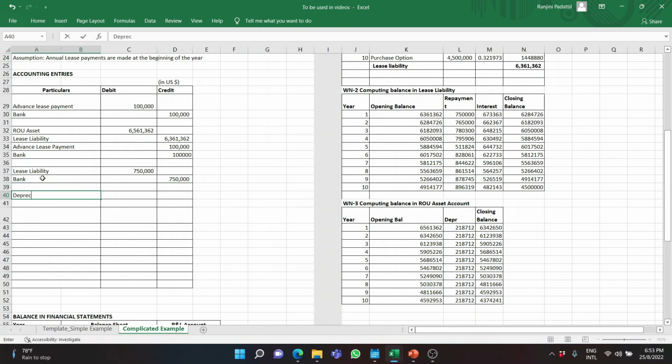Then you have depreciation account debit, the value of the asset, the interest on the lease liability, which we collect from here, and finally we take both interest and depreciation to the P&L account.